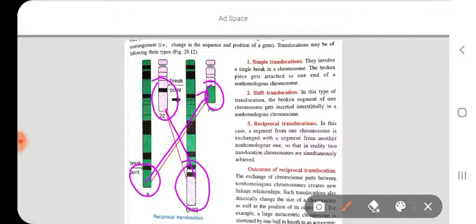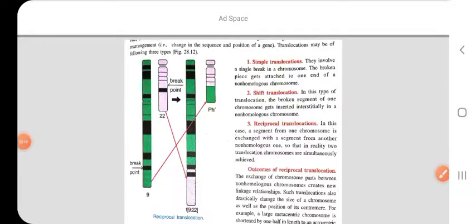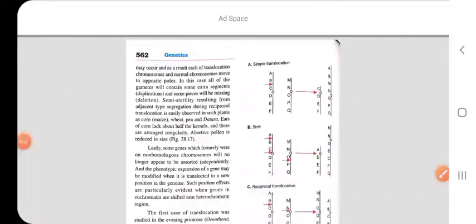Now depending on which part or which parts of a non-homologous chromosome become detached, meaning removed, and reunited, translocation can be of four types: simple translocation, then reciprocal shift translocation, reciprocal translocation.